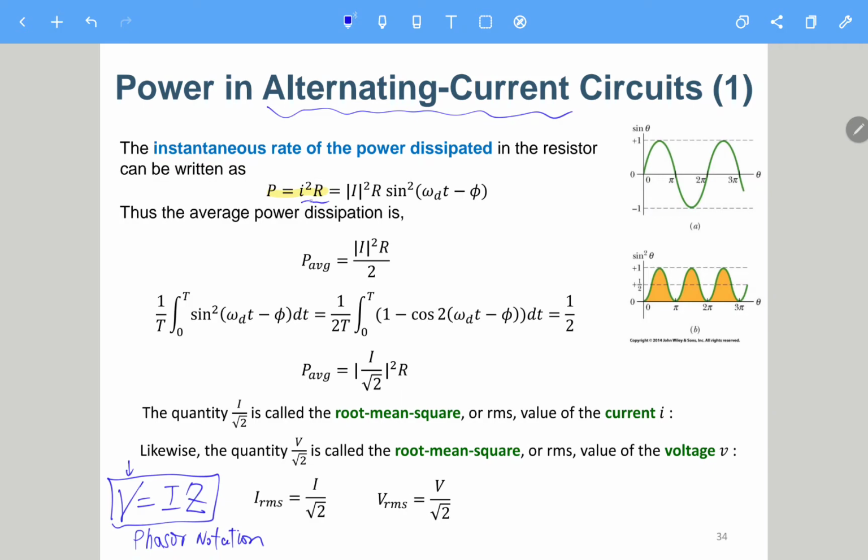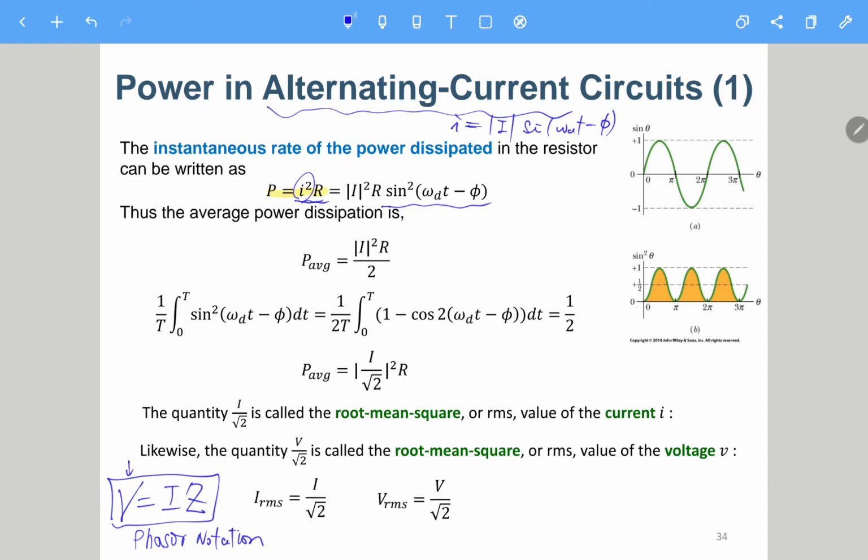So here P equals I square R. Okay, so in that case, I is sinusoidal, like I sine or cosine, it doesn't really matter because it's just a time shift. So I is actually something like the absolute value of the phasor I, times sine of omega t minus phi.